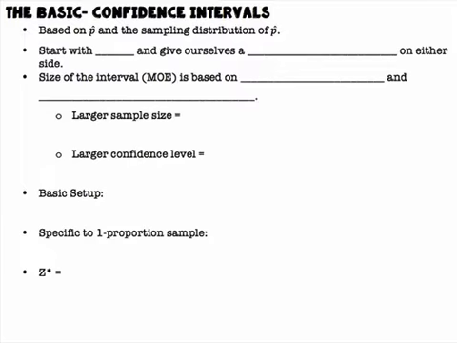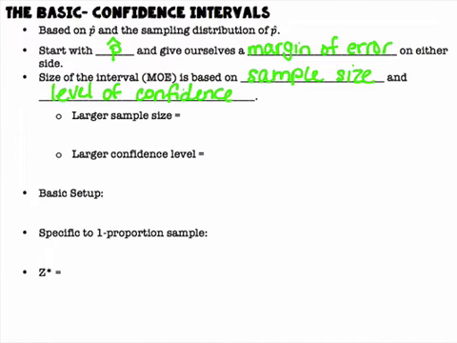Alright, the basics of confidence intervals. So it's based on p hat and the sampling distribution of p hat. So we're going to start with p hat and give ourselves a margin of error on either side. The size of the interval, which is the margin of error, is based on the sample size and the level of confidence.